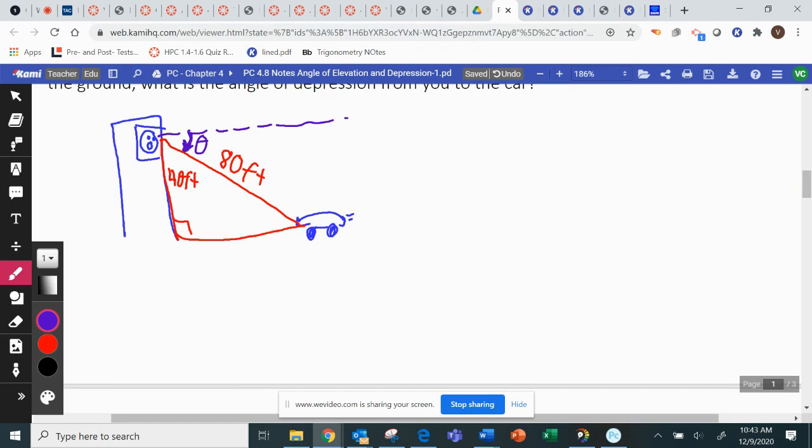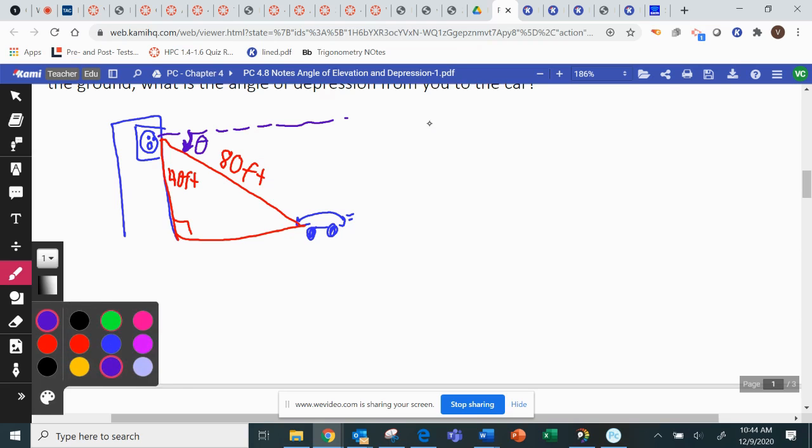Okay, so now we're going to go back. I'm going to travel down the geometry road. And I'm going to say theta is not inside of my right triangle. It is not currently inside of my right triangle.